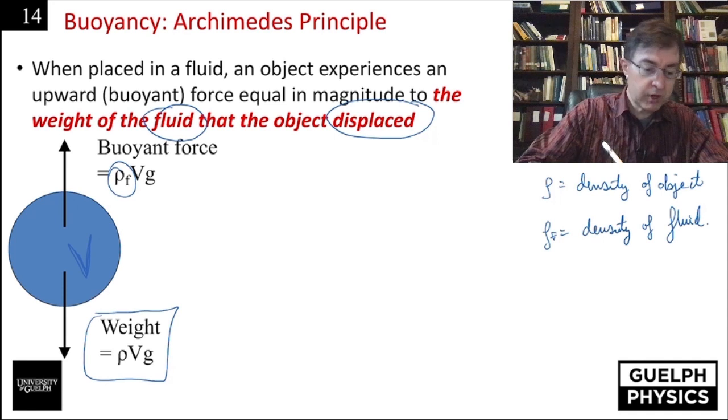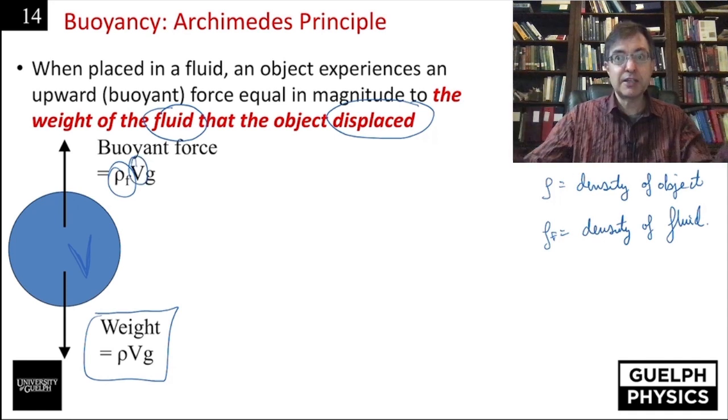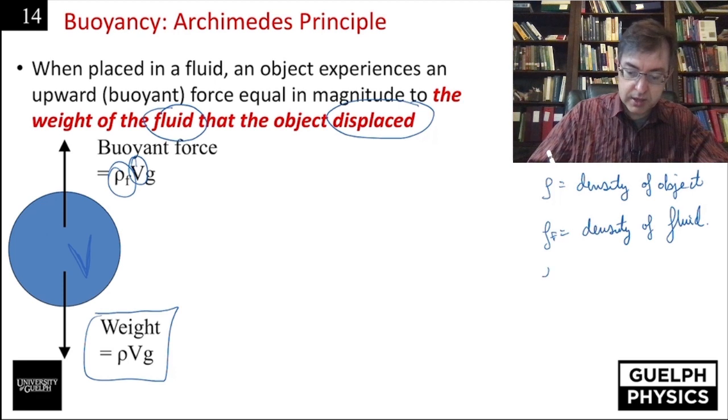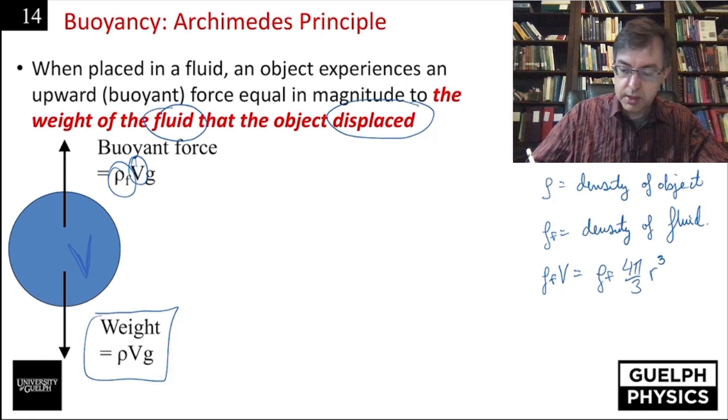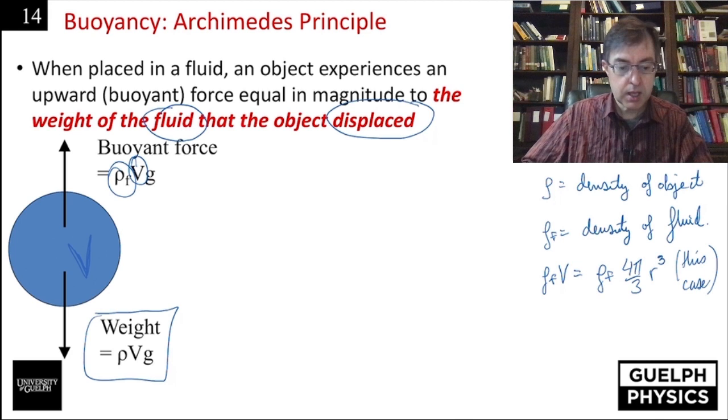However, it involves the same V, the volume of the object, because if the object is completely submersed in the fluid, it displaces its volume. So rho_F V is the mass of the fluid that is displaced. In this case, rho_F V is equal to rho_F times 4/3 pi r cubed, because we're displacing a sphere here. And then g.